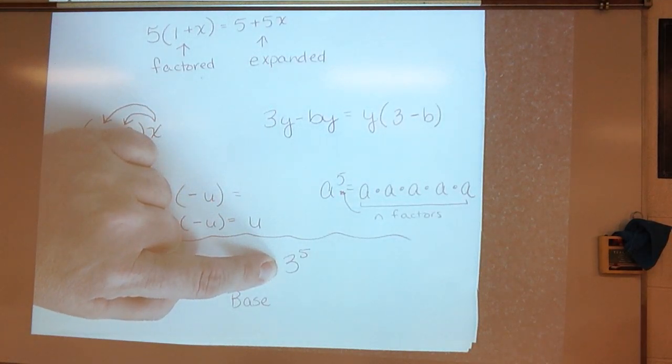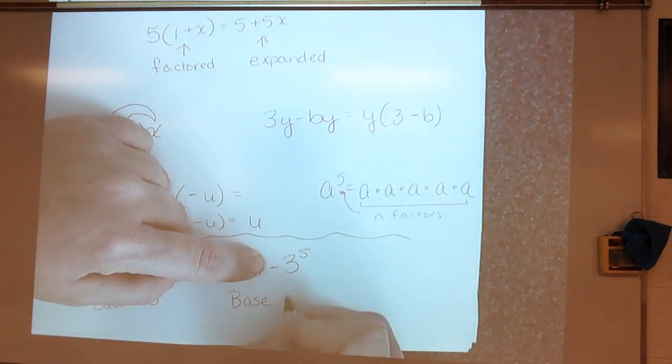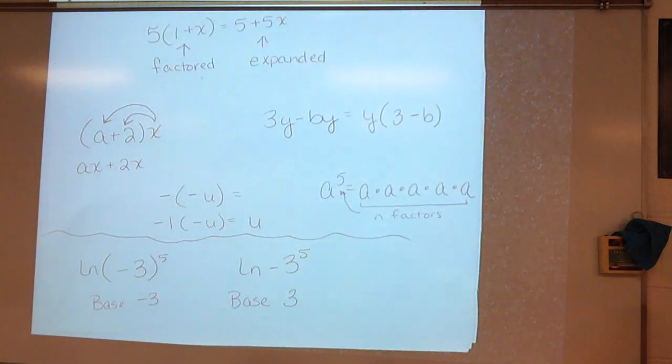In this case, it would be 3 to the 5th power, and then everything would be negative. So the base here is 3. 3 is the only thing that's being multiplied 5 times, not negative 3.